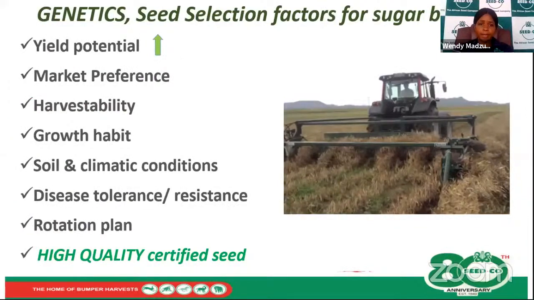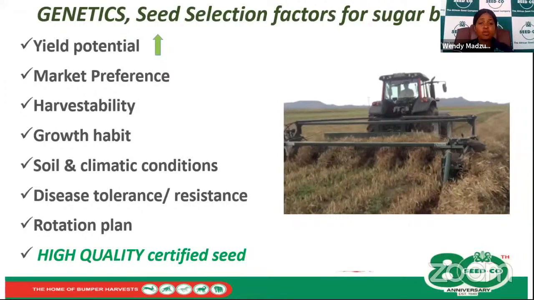Narrowing it down to sugar bean variety or crop selection, you really need to understand that yield is the end game, and it is the determining factor when selecting our varieties. Sitco varieties are known for their high yield potentials, and in sugar bean, we have not spared you the varieties that are high yielding and disease tolerant, as you will hear from Emmanuel when he gets a time to speak about the varieties.